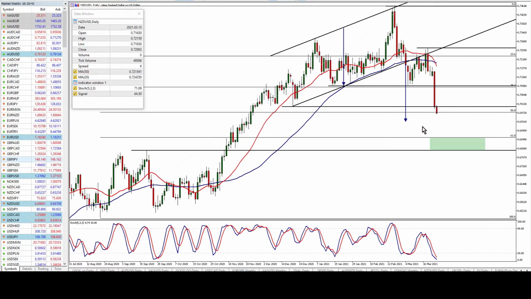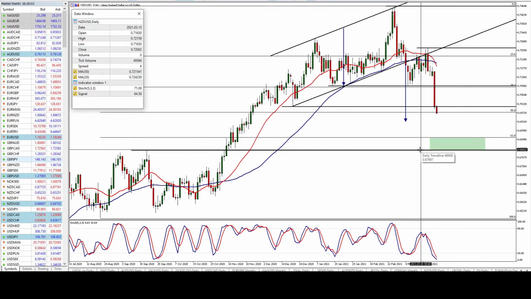But the question is, do we have something solid underneath the market at the moment? And I don't see any proper support before the 61.8 and this historical high here, which is now likely to be a support. So the market is probably moving all the way down here.